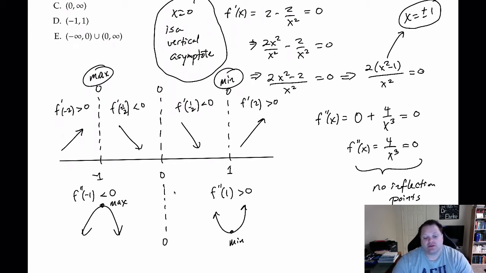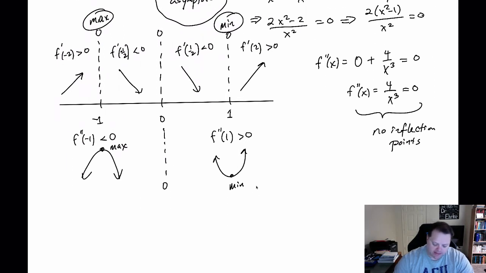But this is why it is crucial that you plot this asymptote. If you hadn't plotted the asymptote on this testing diagram, you would have gotten the first derivative stuff correct because it would have been decreasing everywhere in this interval, except at 0 where it's undefined. But here's where you would have screwed up. Your concavity changed at the asymptote. You were concave down before the asymptote, you're concave up after the asymptote.